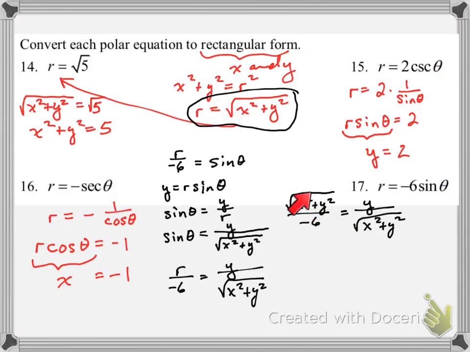You're multiplying something by itself, which means you're squaring it, which is going to get rid of our square root. So you're going to end up with just simply x squared plus y squared equals -6y. And we can bring the 6y over here by adding it.